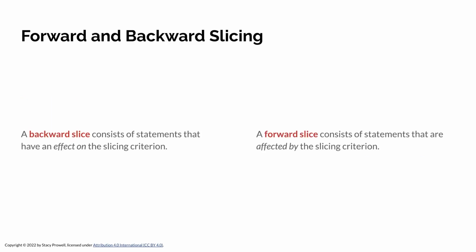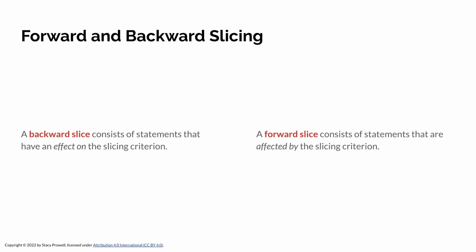Two ways we can usually go about it, two major types of slicing. Backward slicing is what we've sort of been describing. I want to know what statements have an effect on the slicing criterion. So the value of the variable at some location, what statements affect that?